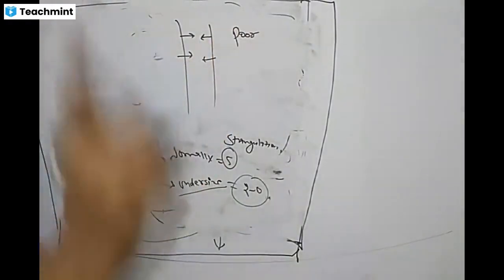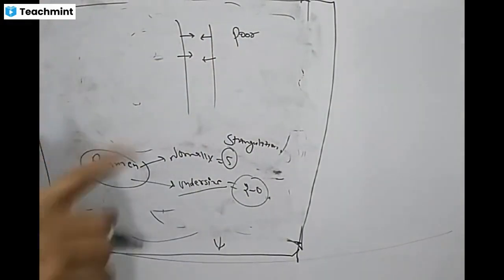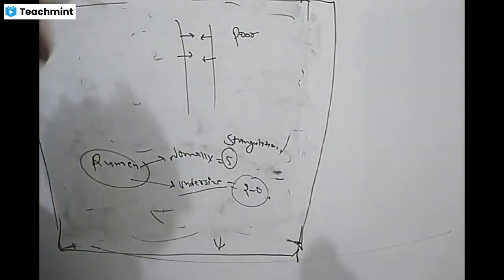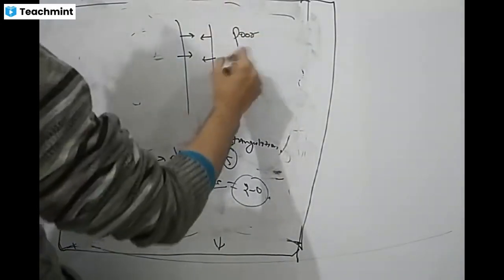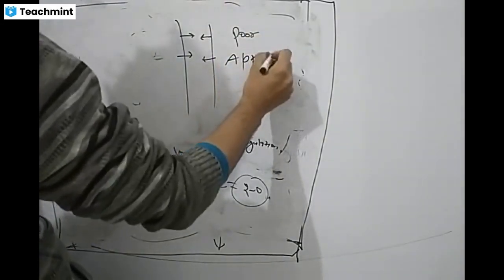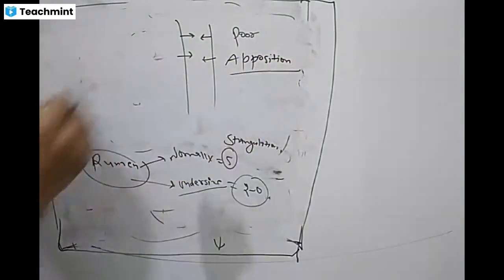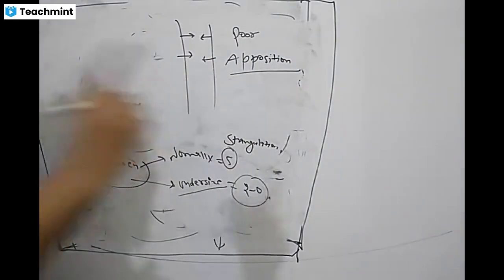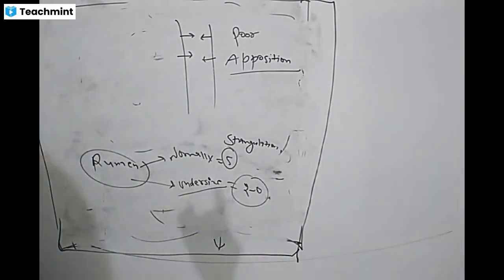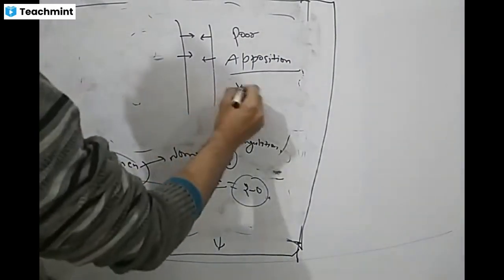The strength of your suture material this time is less. So there will be poor apposition of these two edges of the rumen. The second complication will be non-closure.